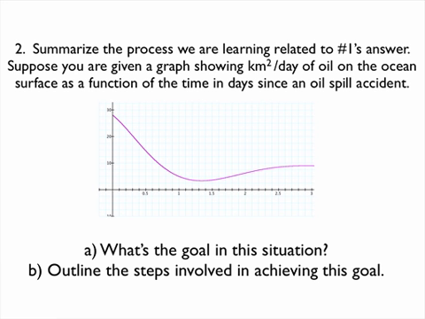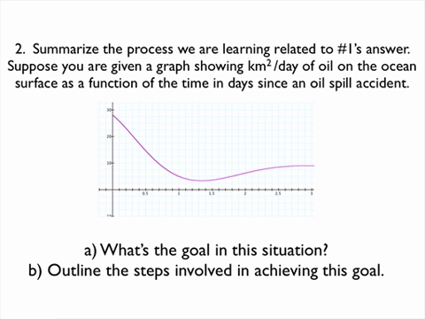Yeah. And so there's a kind of a key word to answer this question. Accumulation of area of oil. Our goal is to find the accumulation of the area of oil, or even more specifically, an accumulation function, meaning how much has accumulated at any given time in days. So that's our goal. We know how fast it's changing, and we want to know how much of it we have.